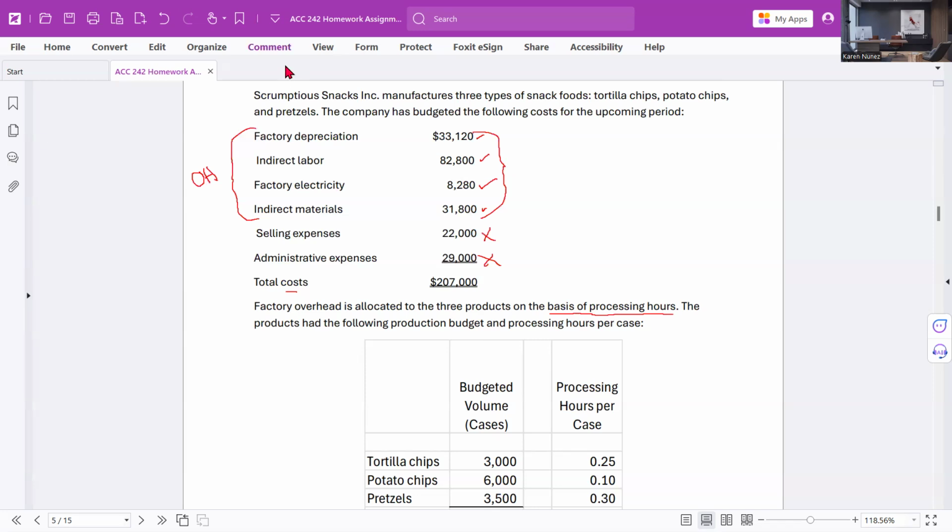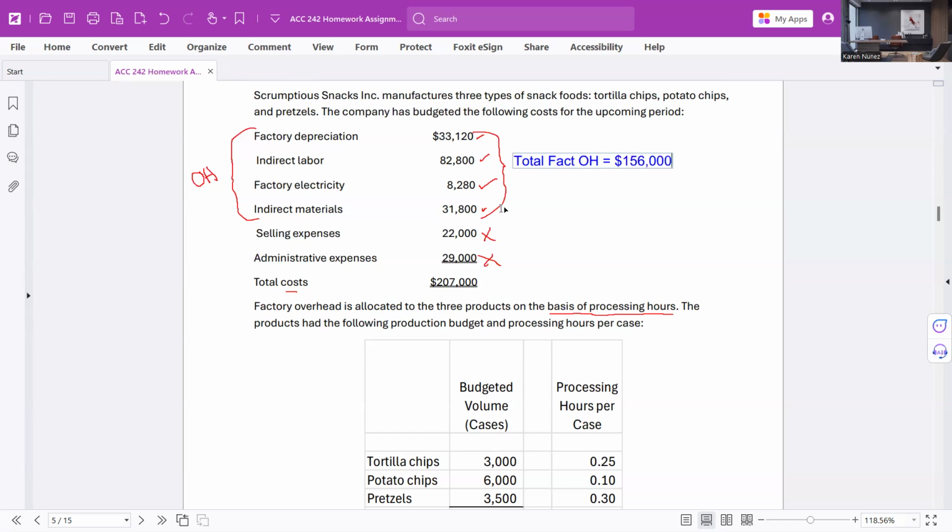So let me switch back to typewriter mode. It's a little easier for me to use the typewriter mode here for exercise 18-3. So the total factory overhead is $156,000. That's what these four things equal, $156,000.